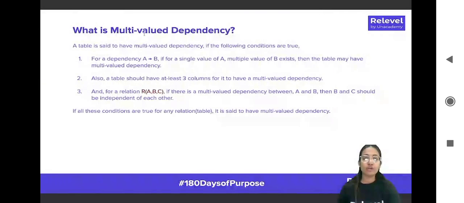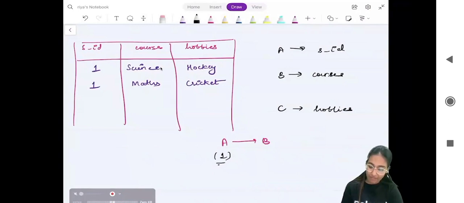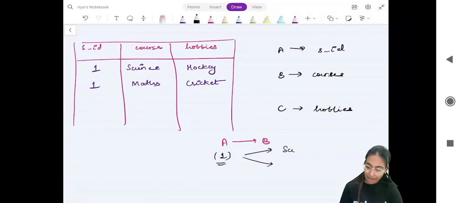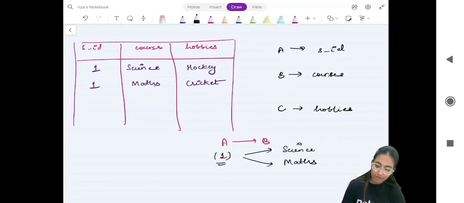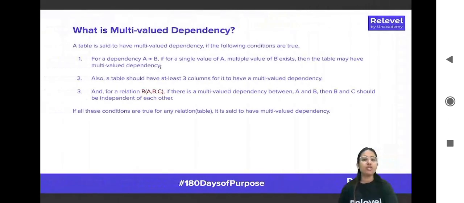Here what you can see is for a dependency from A to B, for a single value of A, which is 1, multiple values of B exist, where A is the ID and B is the courses, correct? For a single value of student ID 1, there are multiple courses existing. So the first condition is satisfied.